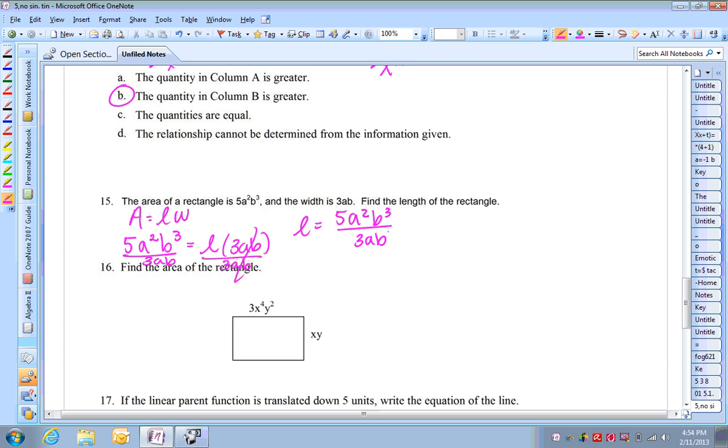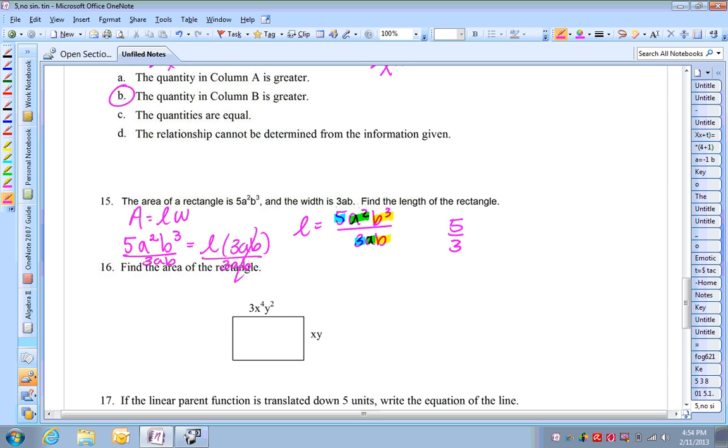Now we're dealing with properties of exponents and dividing problems. So we're dividing our coefficients, our a terms, and then our b terms. So you end up with 5 over 3, which cannot be reduced.